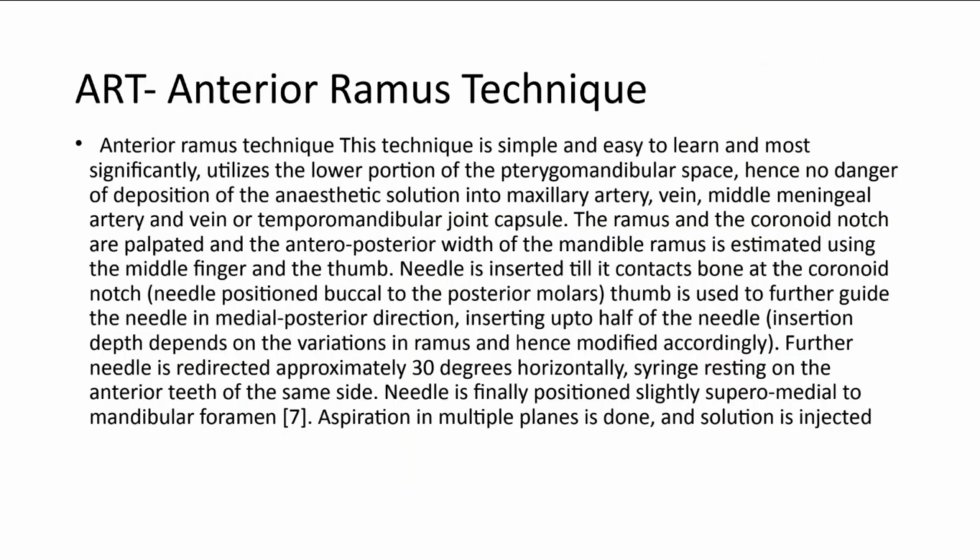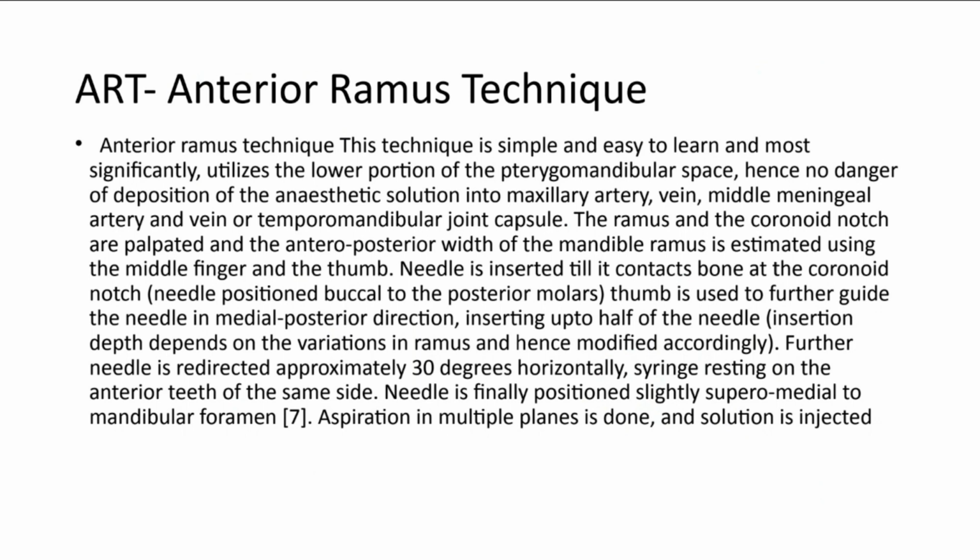ART, or anterior ramus technique, is another alternative technique that's getting some popularity. In this case, you will avoid the maxillary artery, the maxillary vein, and the joint, and all that. You are going to avoid these structures.